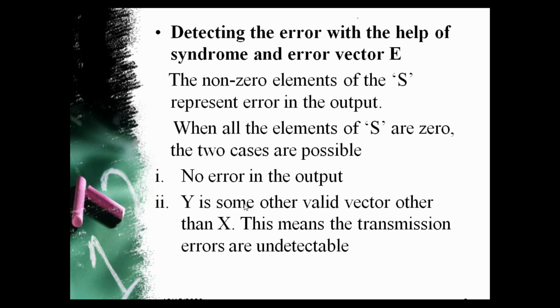Therefore, there are two possibilities if Y into H transpose equals 0: one is no error in the output, the second is some other valid code vector other than X. In that case, we are not able to detect the error. I hope you have got what I have said.